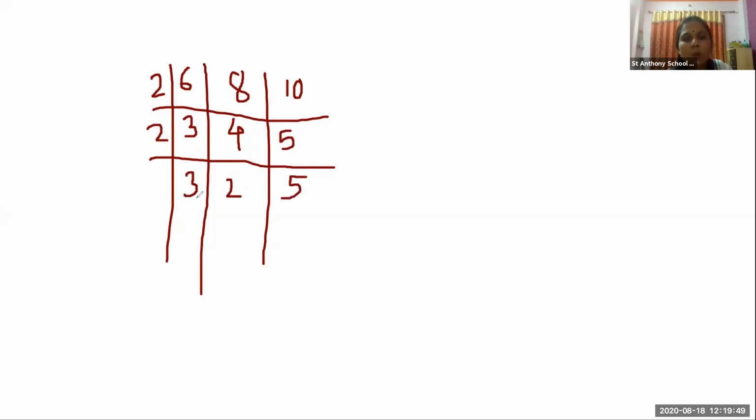Okay, if you want to divide it further, you can divide it, otherwise you can remain this number as it is. So divide it like this, 2, 3 cannot be divided with 2, so 3 remain as it is. Now 2 ones are 2 and this 5 remain as it is, right?